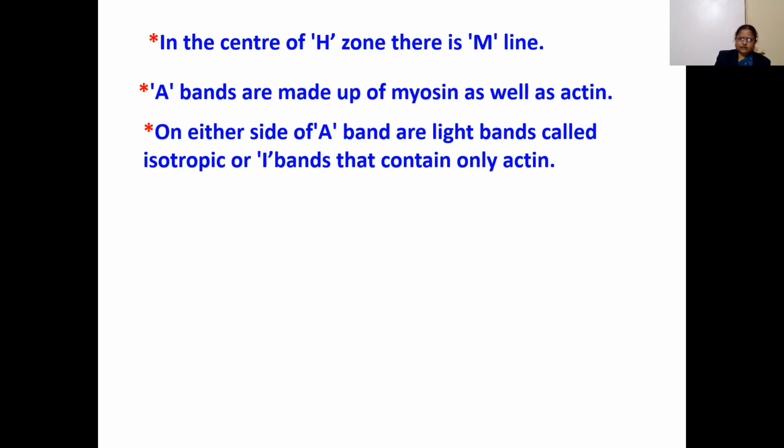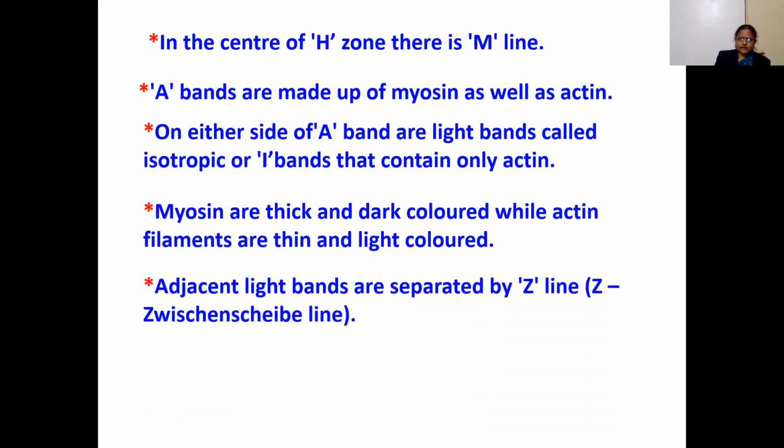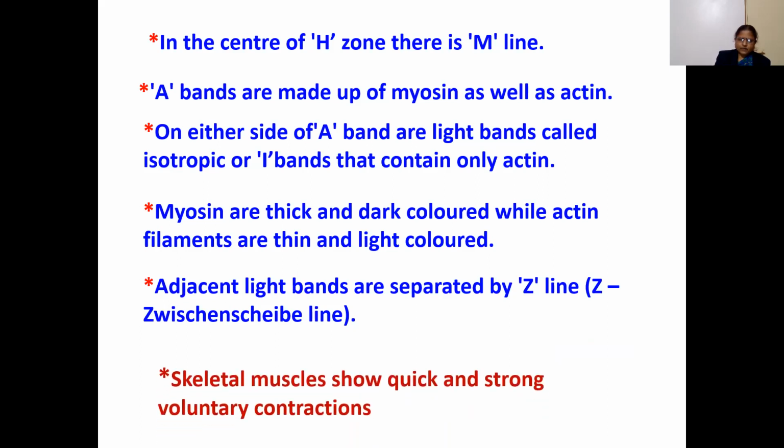Myosin filaments are thick and dark colored, while actin filaments are thin and light colored. Remember, actin and myosin. Adjacent light bands are separated by Z line.